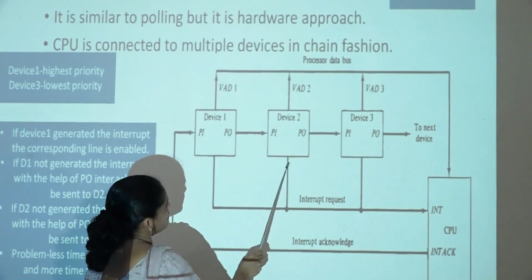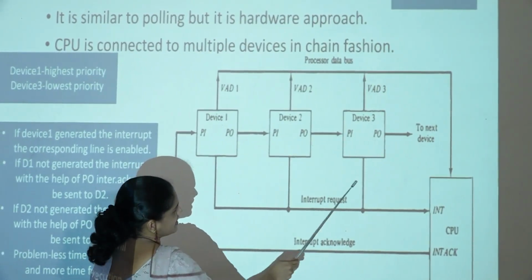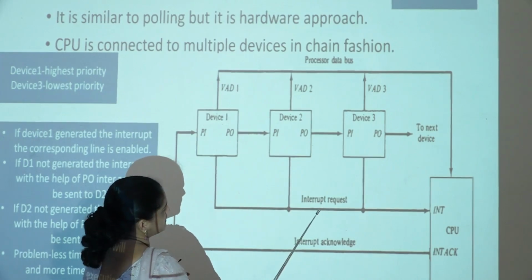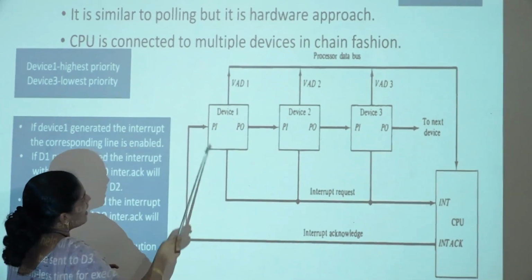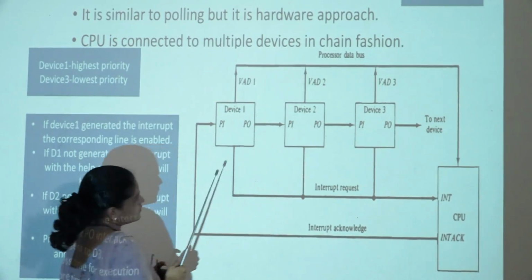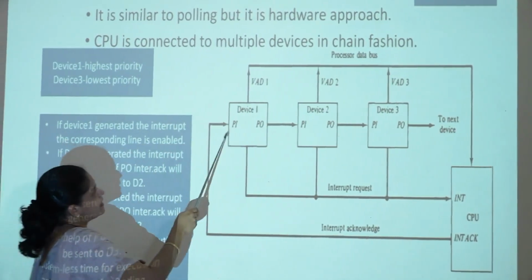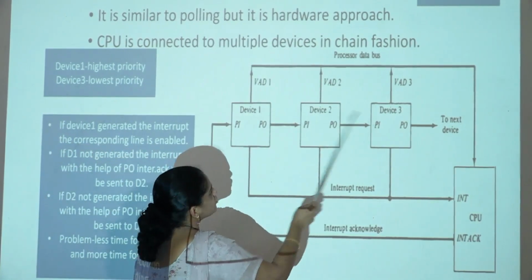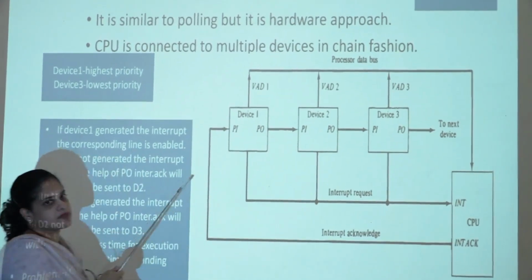All the devices are connected to the CPU through an interrupt request line, and we also have the VAD, vector addresses, of each device. They are connected in a chain fashion, so that is the reason we call it daisy chaining priority.